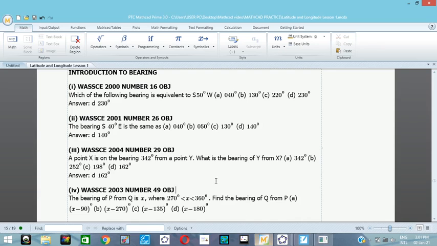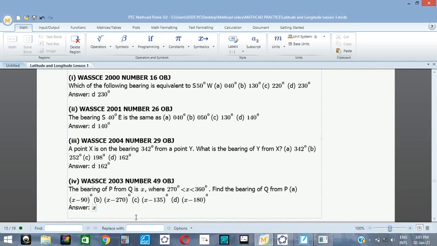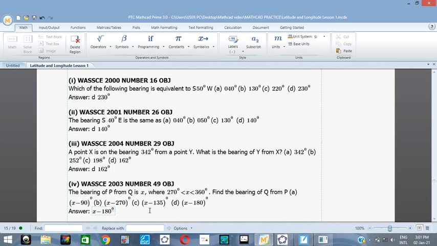So the answer is D, X minus 180 degrees, in brackets. So D is the answer.